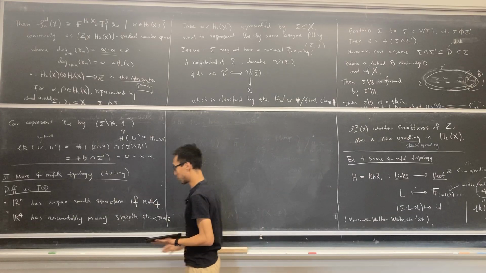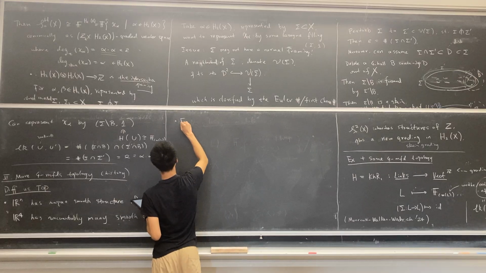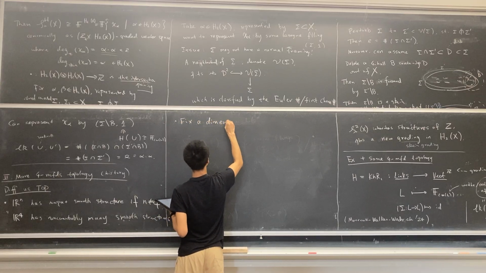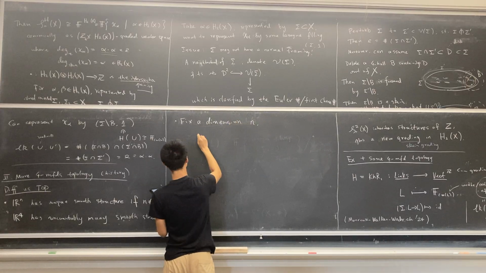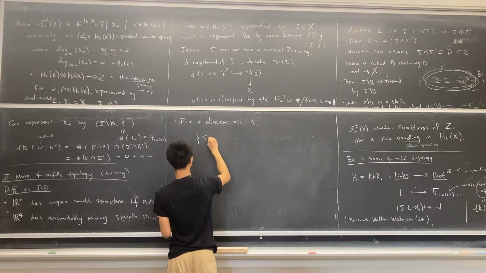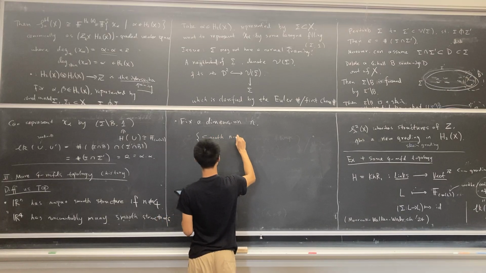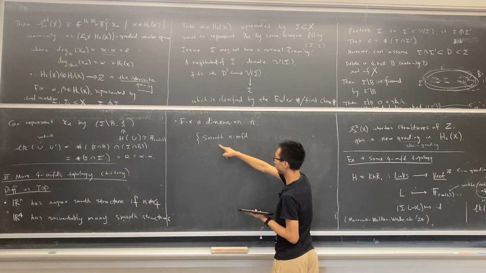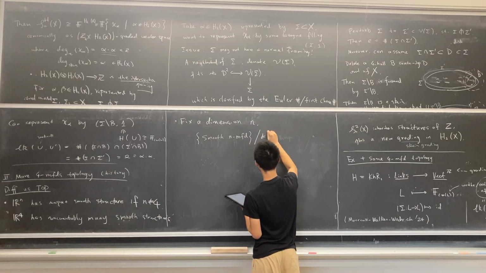And maybe to put things more generally, let's say we fix a dimension n. We can consider two different sets of objects. One is we study smooth n-dimensional manifolds up to diffeomorphisms.